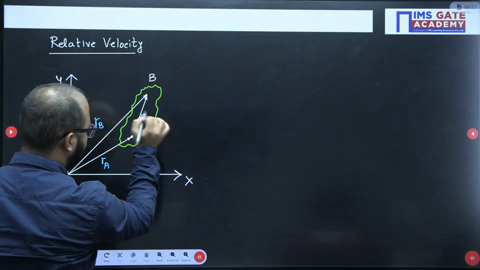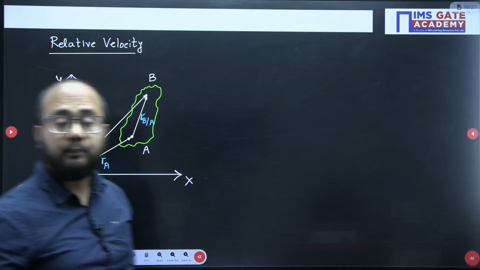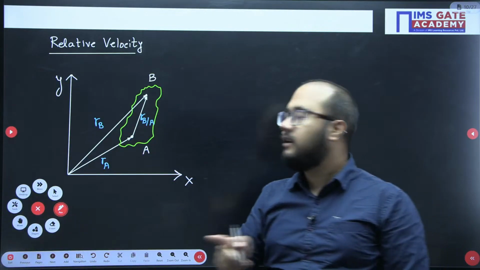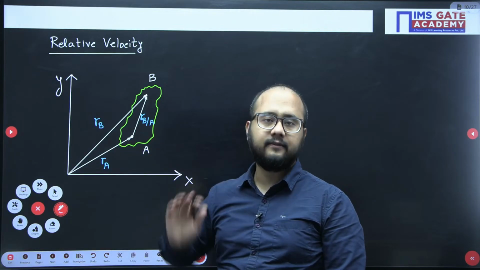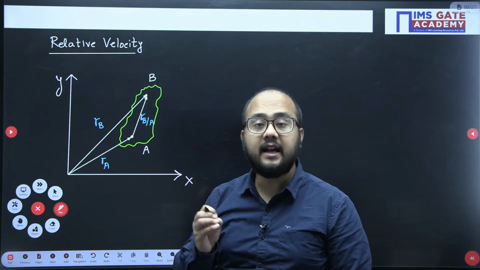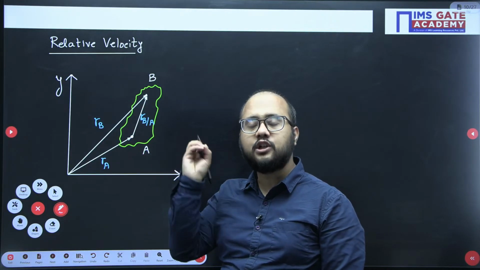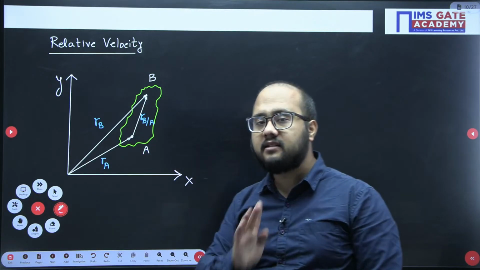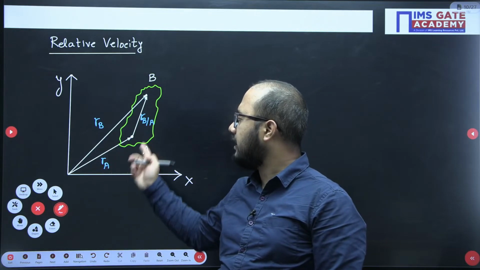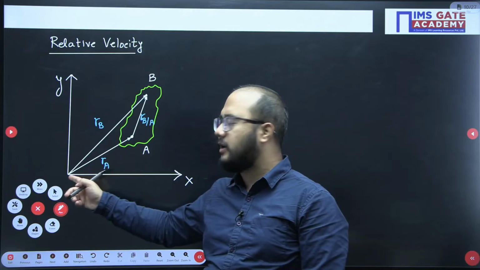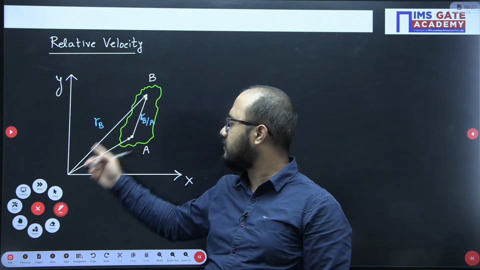B with respect to A means I have written the position of point B considering A as a reference. And all the others, like RA, are the position of point A with respect to this reference, and the position of B with respect to this reference.